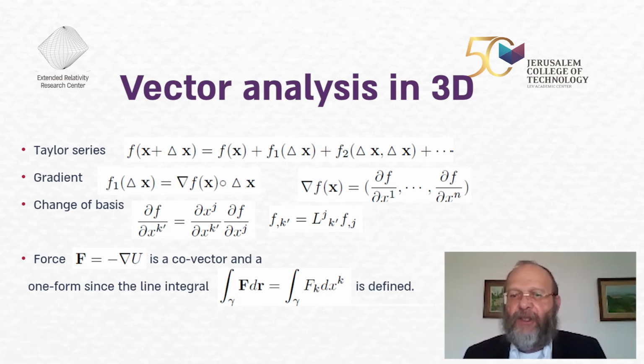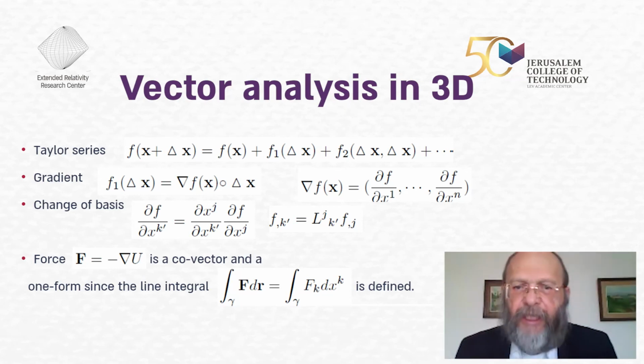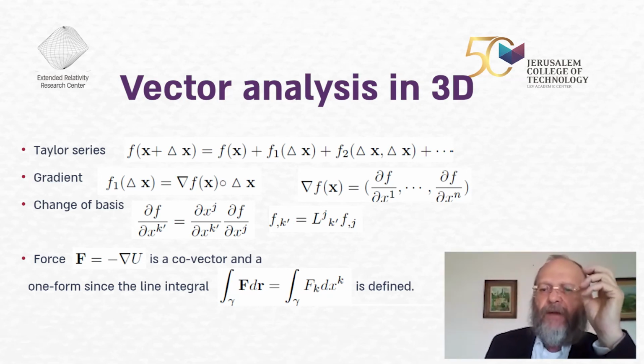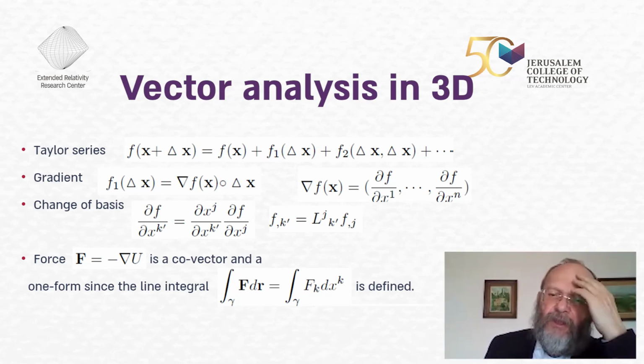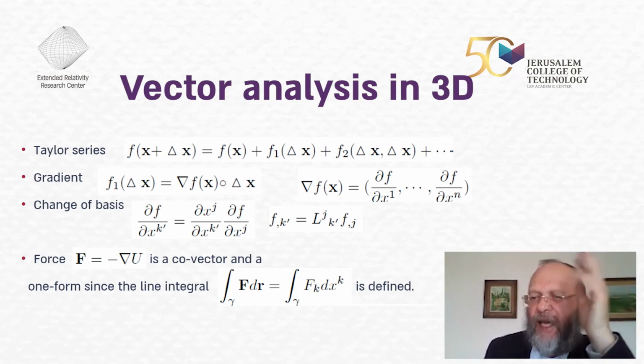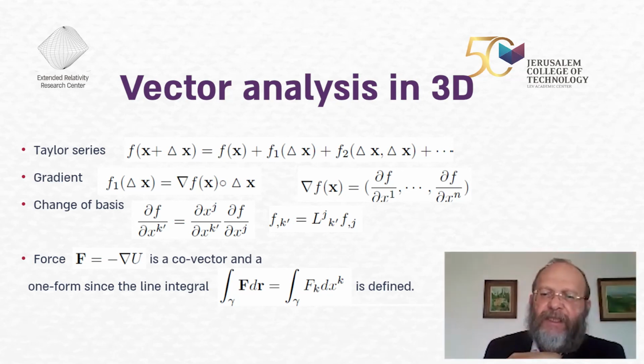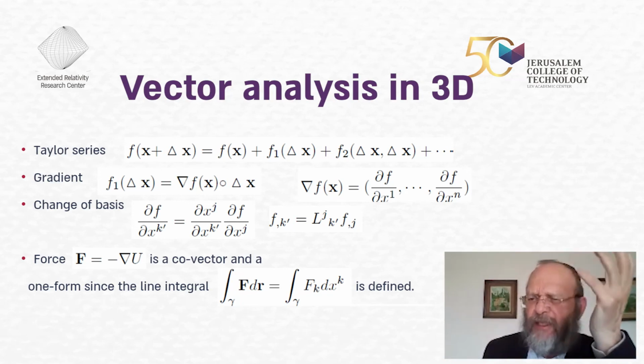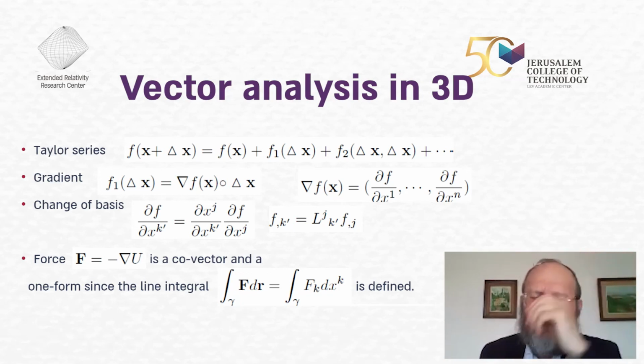Now, very important also, when we have a covector field, at each point you have a covector. This is also called a one-form. What is a one-form? A physical quantity that exists for a line integral. It's very important to understand that when we talk about vector fields in mathematics, we have line integrals, we can take surface integrals, we can take curl, we can take divergence, the same different things for the same object.